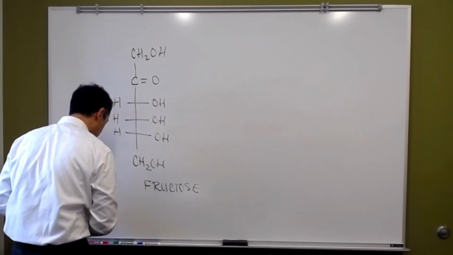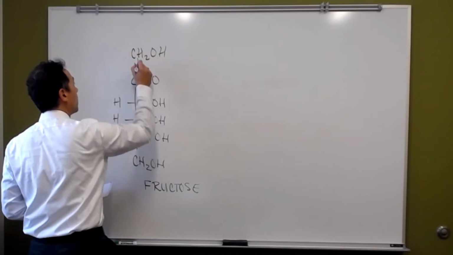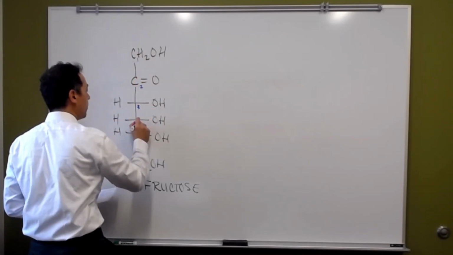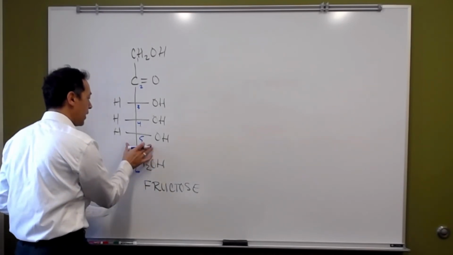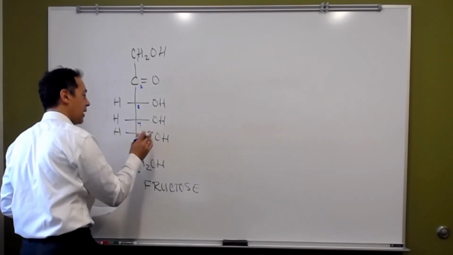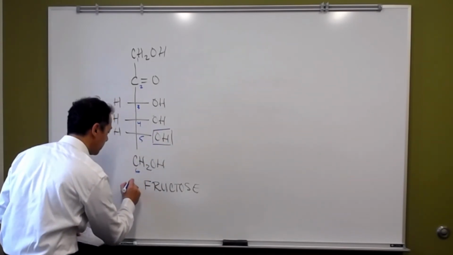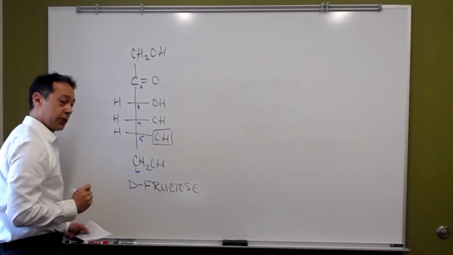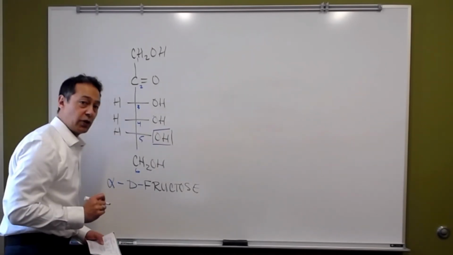On this one, we've got our carbon atoms going 1, 2, 3, 4, 5, 6, and our highest numbered chiral carbon atom with the hydroxyl group is over on the right. So we're going to call this one D fructose, and I'm just going to make this one alpha for when we draw it out.